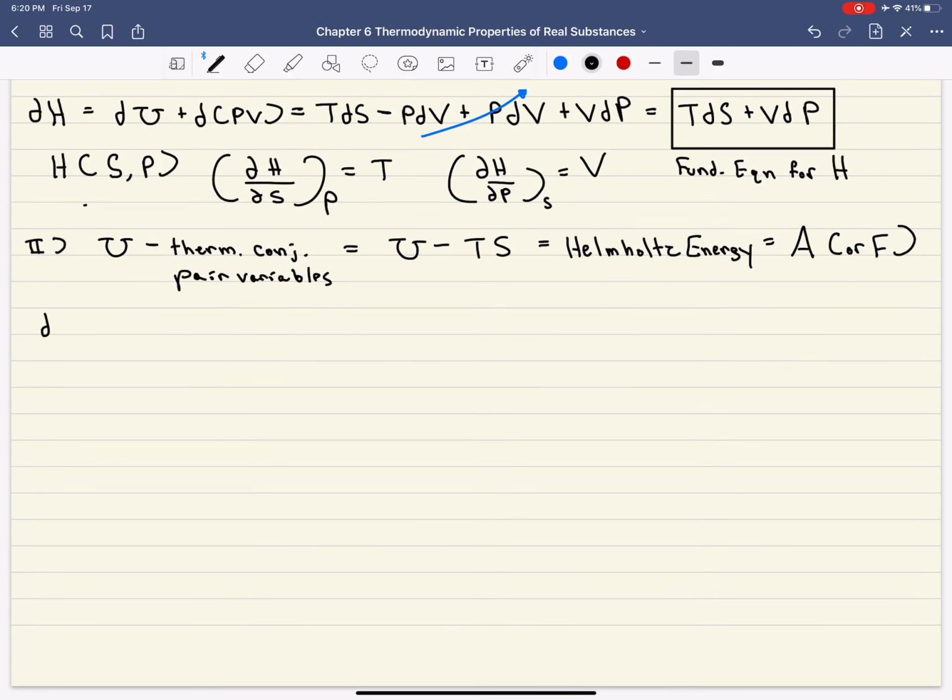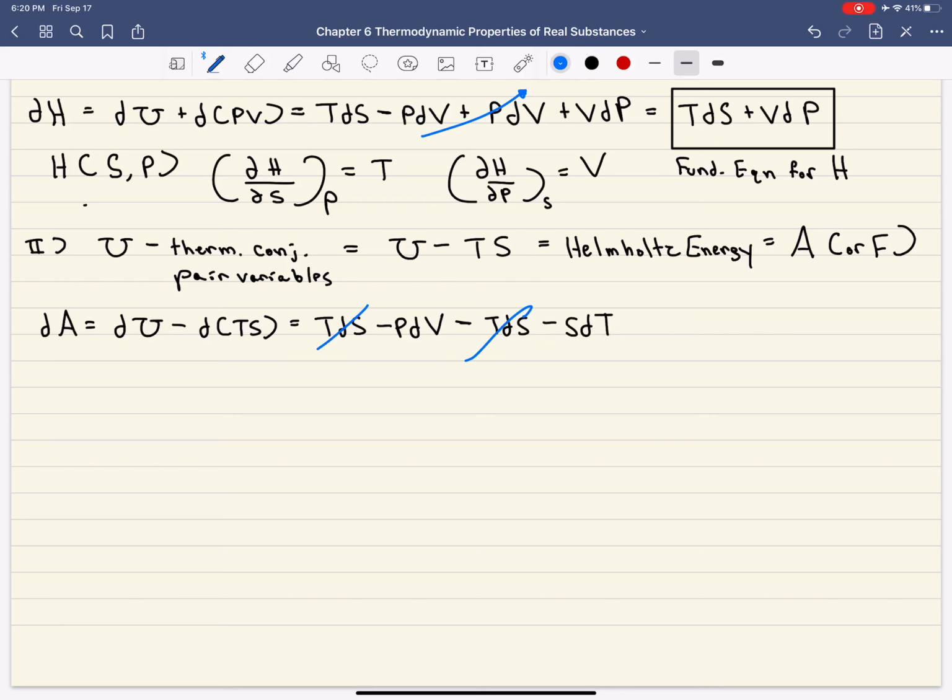Let's now take the total derivative of it in order to figure out its fundamental equation. So here we're going to have dU minus d(TS). dU, once again, we know is TdS minus PdV. And then for minus d(TS), we're going to get minus TdS minus SdT.